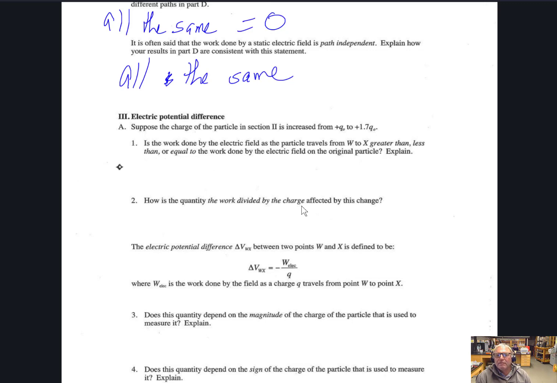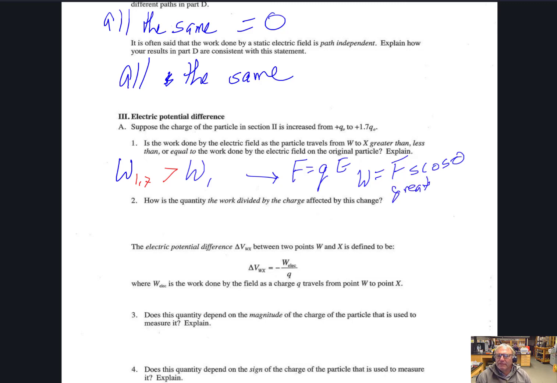Okay, so the work of 1.7 will be greater than the work of 1 because F equals QE, and work equals F S cos theta. So greater F and greater work.